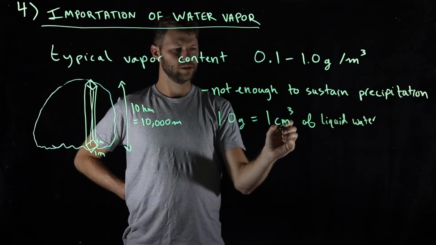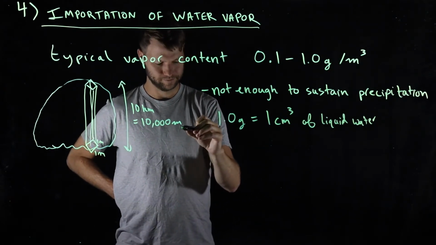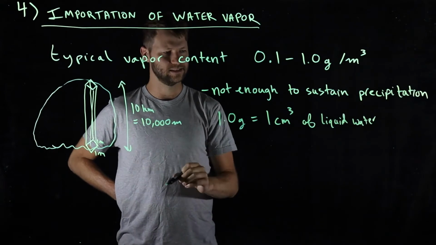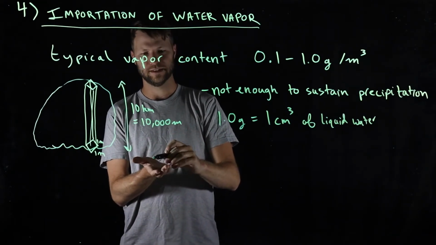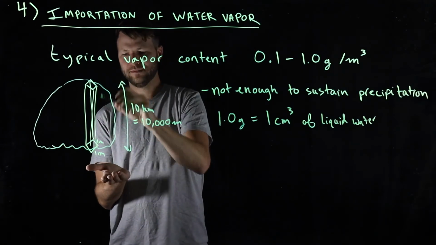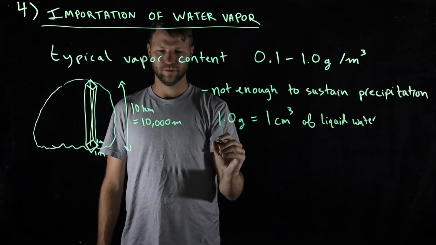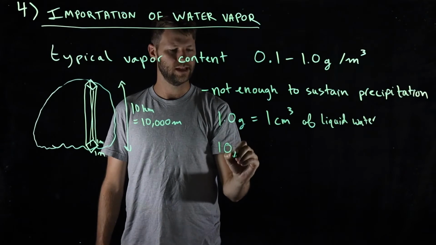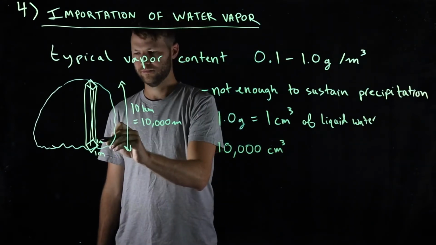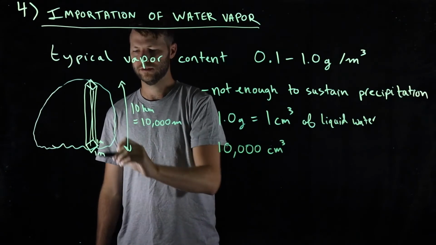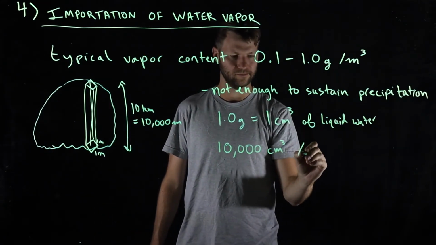So if we were to multiply this, think about 1 cubic centimeter times 10,000 meters, we would get 10,000 cubic centimeters of water per meter squared.